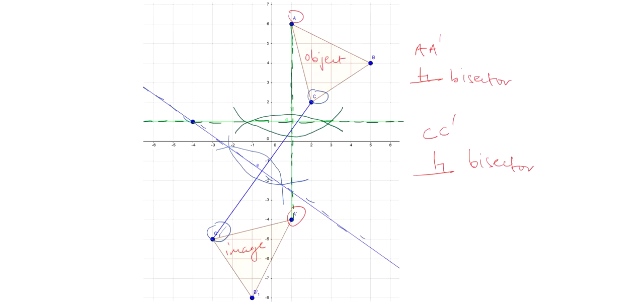Where these two perpendicular bisectors intersect, at this point here, which is -4, 1, therefore the center of rotation is -4, 1.